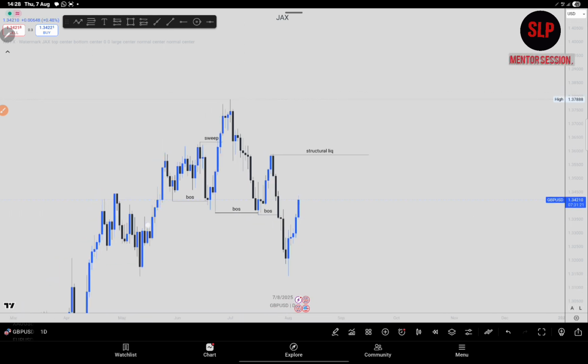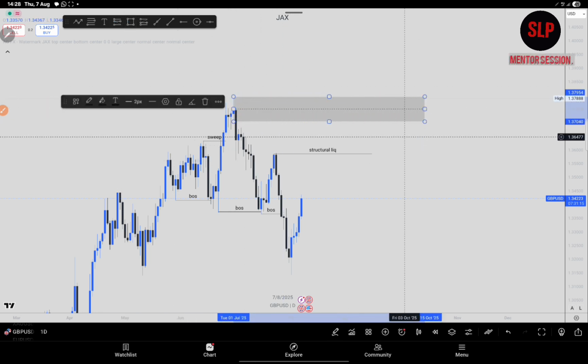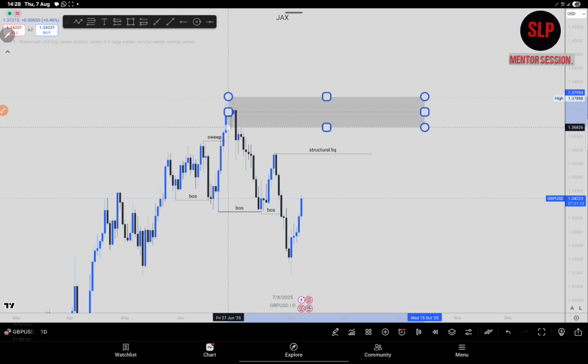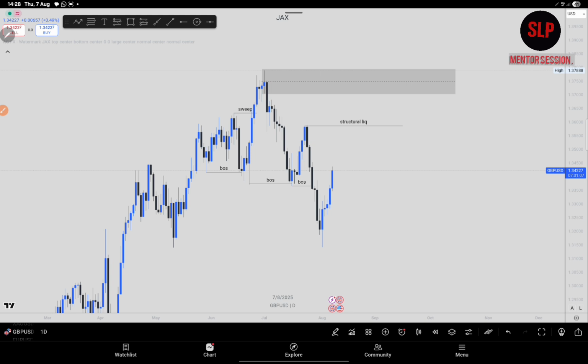Now I have the structural liquidity. The next thing is my other block that I'm sure is the other block. This is the other block, and the QMR will act like a magnet in the market. Once you have a valid point of interest, 60% of the time the price is drawn towards your point of interest.